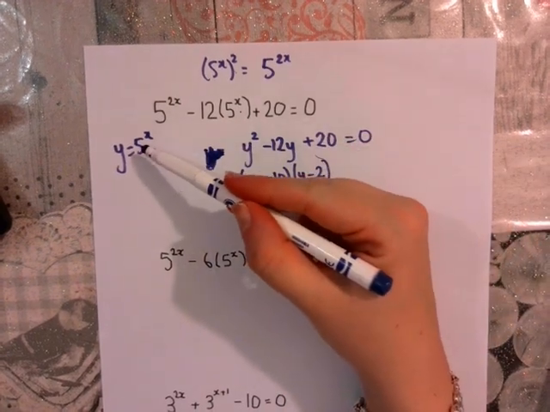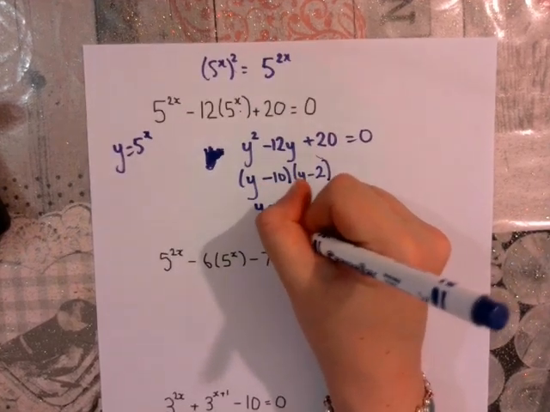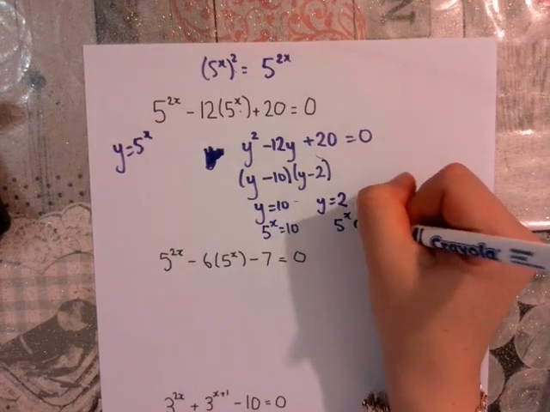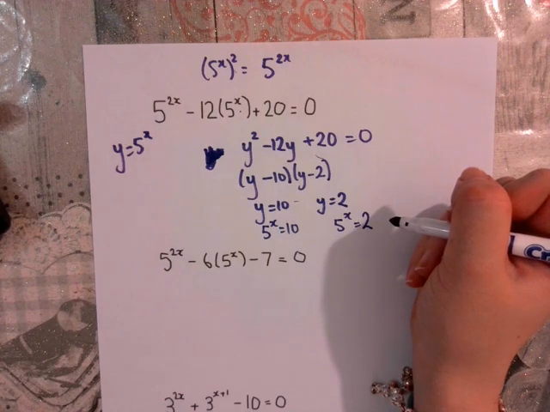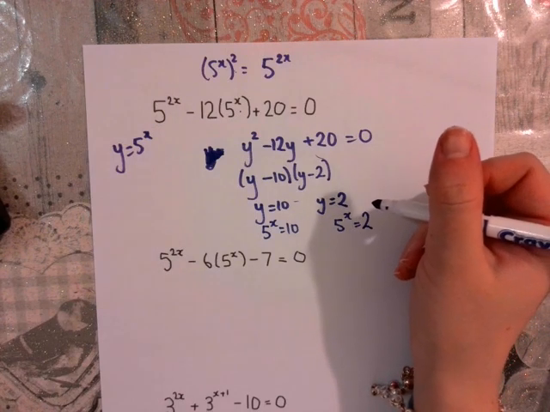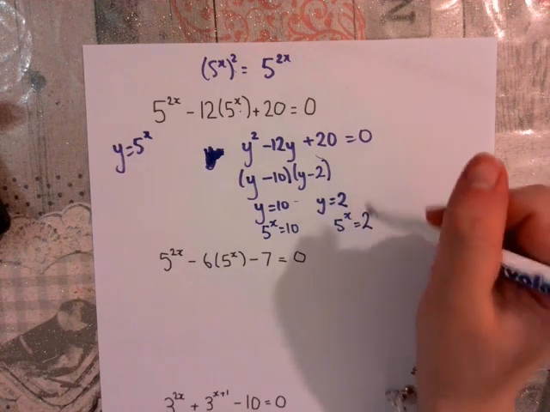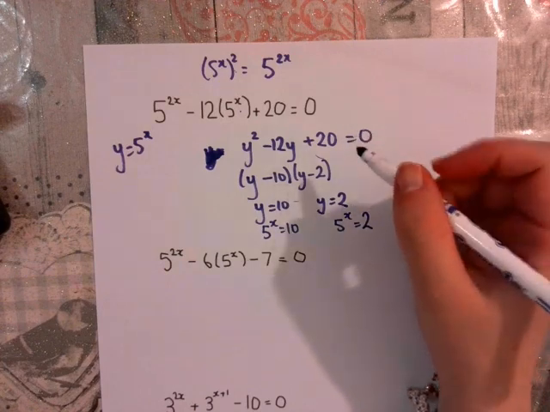And I know that actually this time y equals 5 to the power of x. So it would be 5 to the power of x equals 10, 5 to the power of x equals 2. So these are actually fairly simple questions to solve. I think to be consistent, I'm going to do it the same way that I've taught you more recently, for the more complicated ones, because that is one method that works for all really.